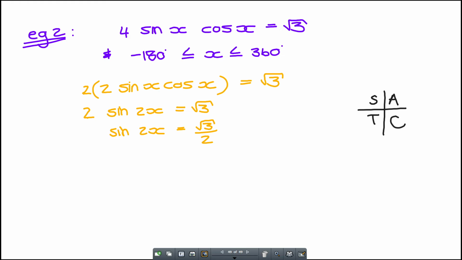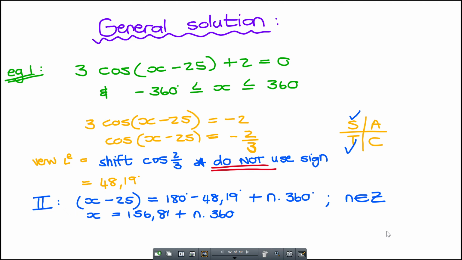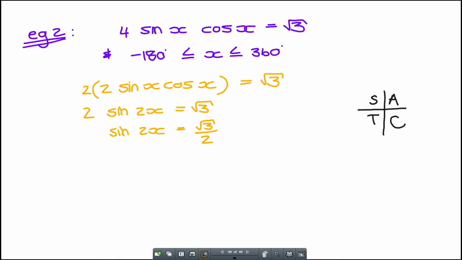Okay, that's what I'm doing, to see the reference angle. So we've been putting on 2. So 2x is equal to 60 plus n times 360. You must fill that in there. Yes, okay, so you have to have that.